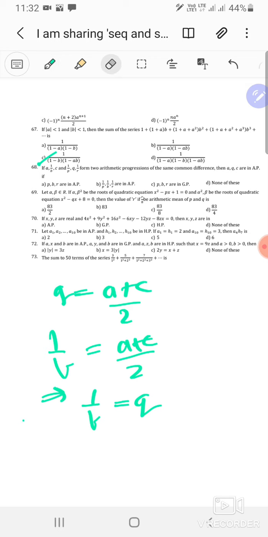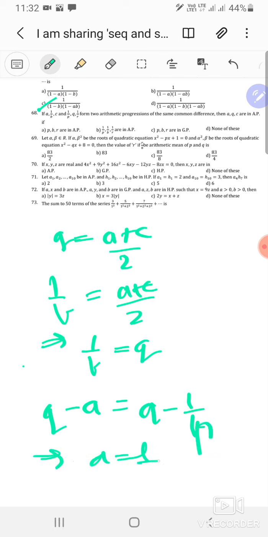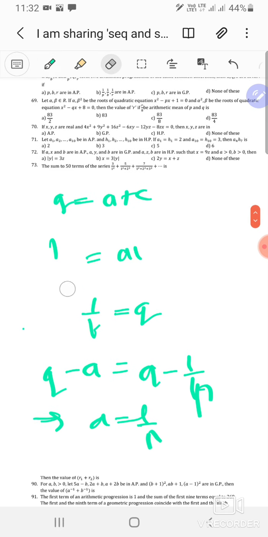But then you also have that the difference in these two APs is the same. So that pretty much tells me that Q minus A is the same thing as Q minus 1 upon P, right? Over here, this Q should be written as 1 upon B first and then as Q, but you get the idea that Q minus A is the same thing as Q minus 1 upon P. So that tells me A has to be 1 by P, and similarly you can prove that C has to be 1 upon R. Okay, cool.